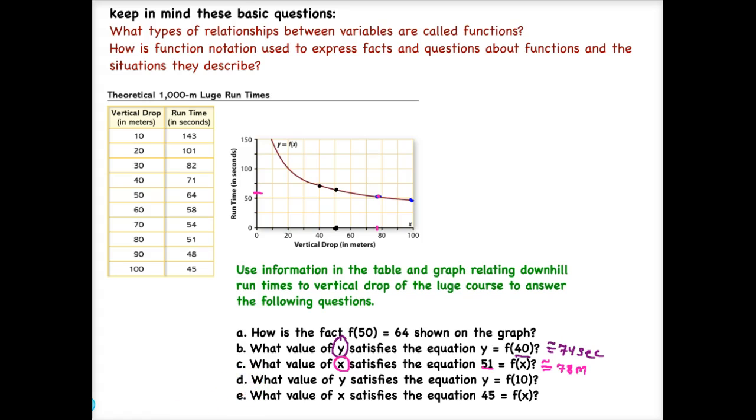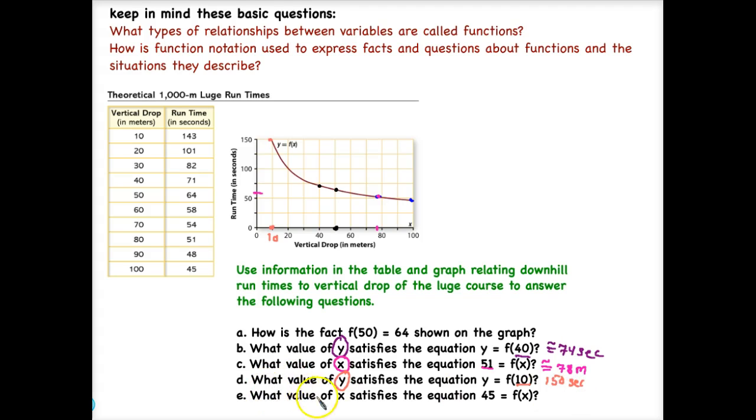Let's go to D now. What values of y, so now I'm looking for y, satisfies the equation y equals f of 10? Well, my x value is 10. What is my y value? Here's 10. My y value is up here at about 150 seconds.